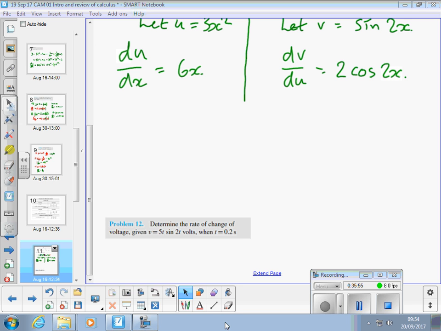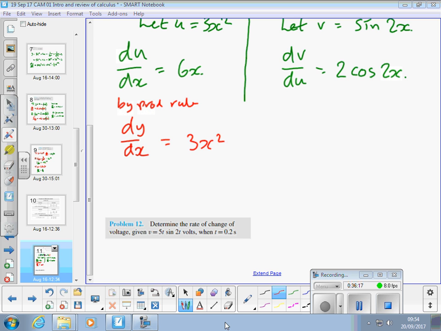If you look at the formula, we've got to bring all this together. dy by dx, by the product rule, is equal to u, which is 3x squared. I tend to put all these in brackets to start with. We multiply that by dv by dx, so that's your 2 cos 2x.